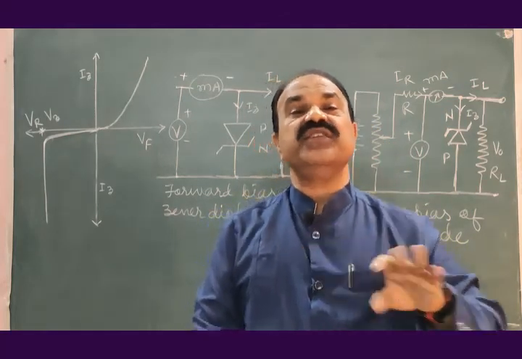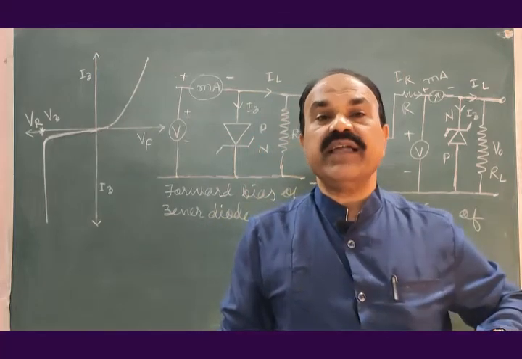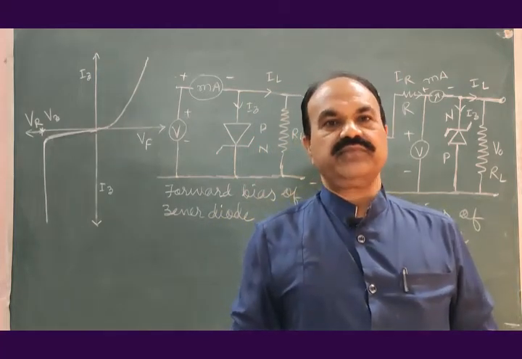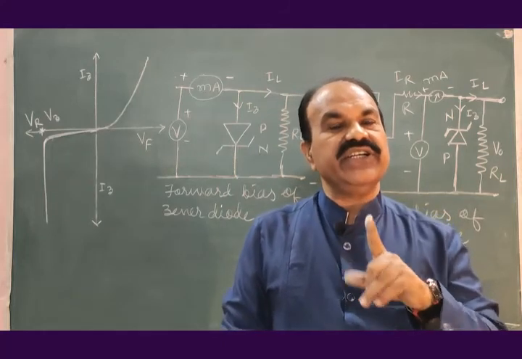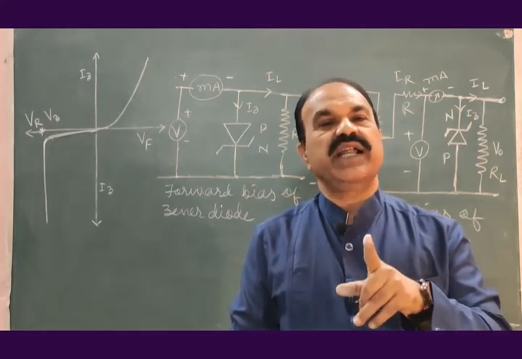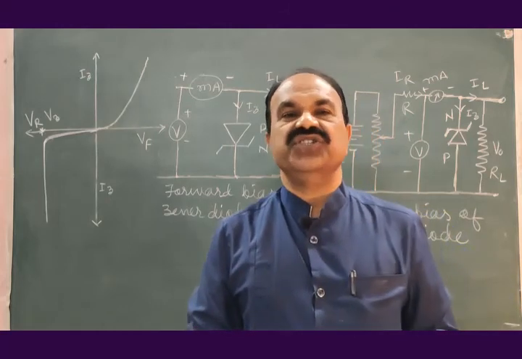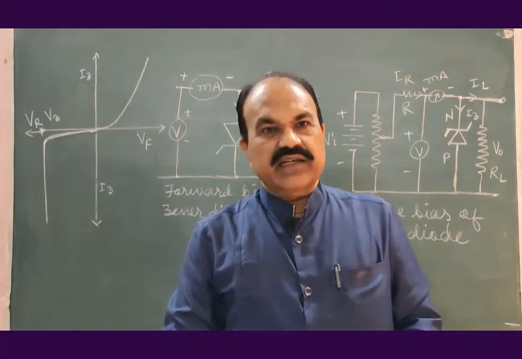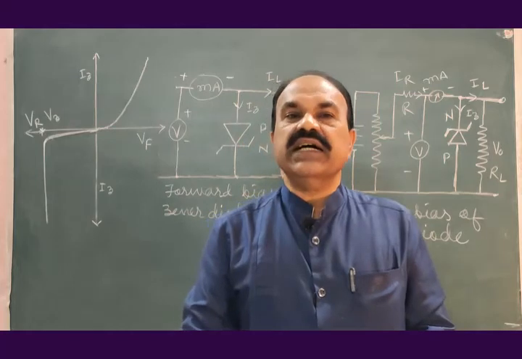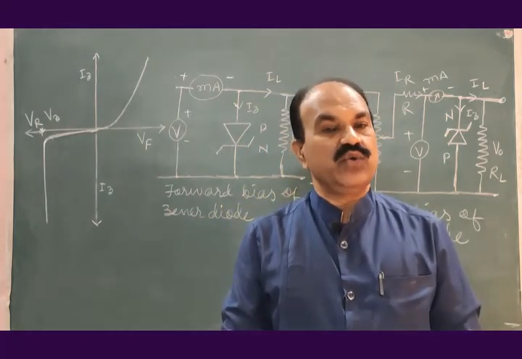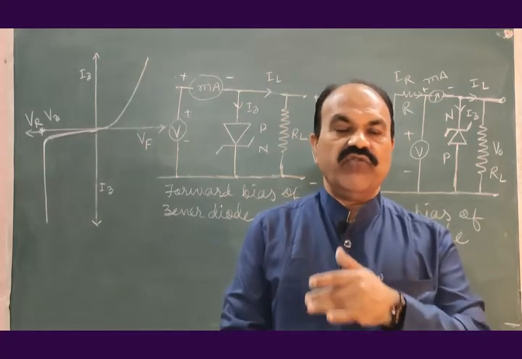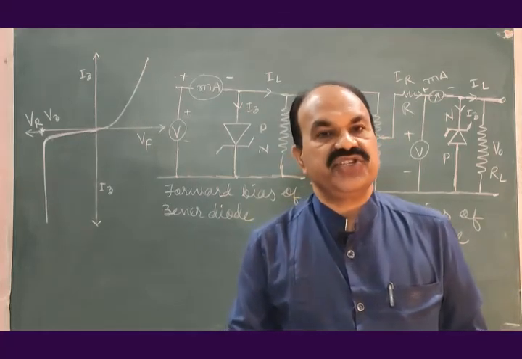There is no change in the breakdown voltage even by a fraction of a volt, and therefore while using a Zener diode we have to take care that excessive current should not flow through it. Current more than the rated current of the Zener diode should not be allowed to flow when it works in the breakdown region.